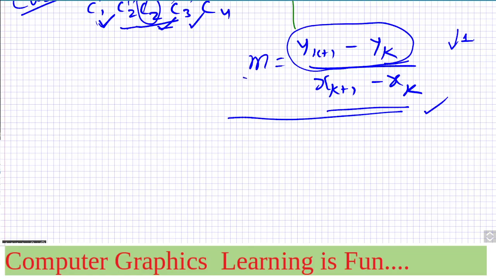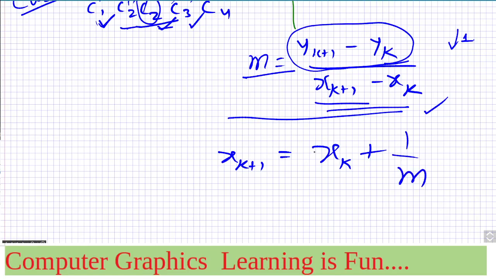Okay, y is already changing. So what you need to do is calculate xk+1, right? xk+1 is actually xk itself plus 1 by m. Is it okay? You can take this thing on this side, then this will be equal to 1 by m. So xk+1 will be equal to xk plus 1 by m.